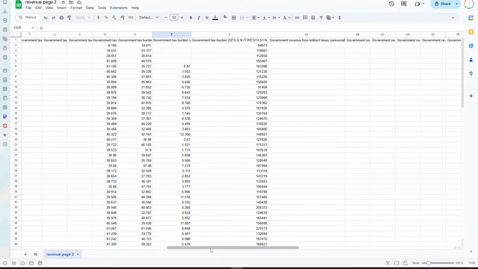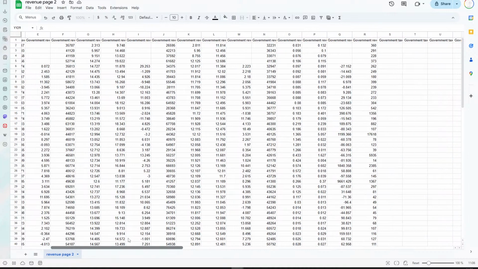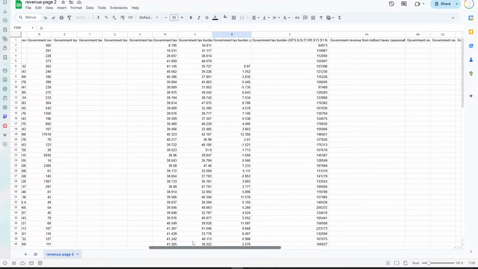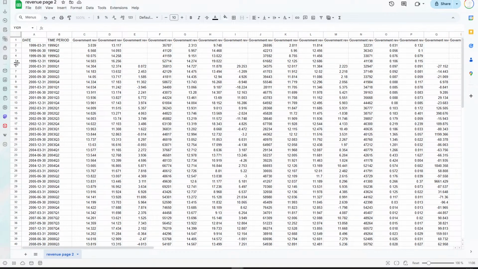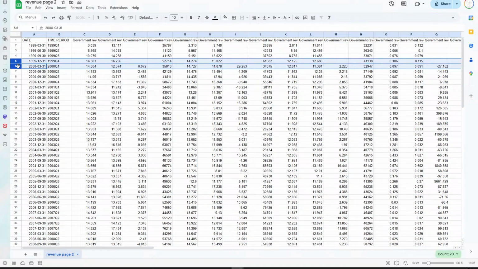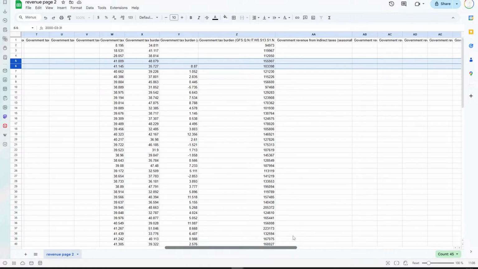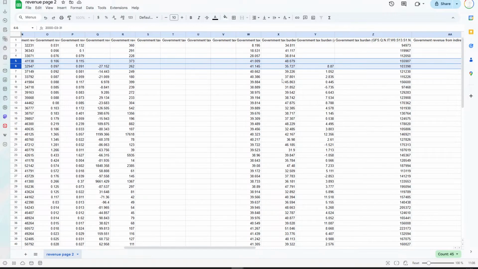The thing that is really strange is here, you see 1999, year 2000, there is a sudden jump. 2841, so there must be some inconsistency here.